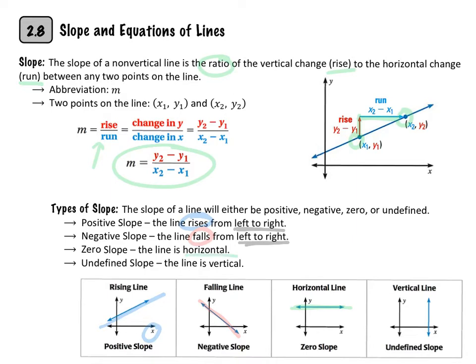So a horizontal line has 0 slope. And then an undefined slope is if I have no change in x, so x2 minus x1 is 0 because they're the same value, when it's a vertical line. I can't have a fraction divided by 0, so that's an undefined fraction, so my slope for a vertical line is undefined.